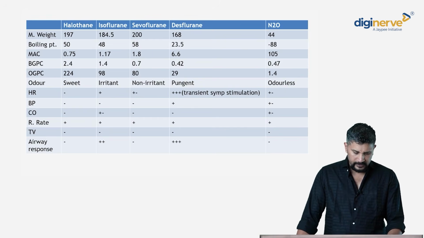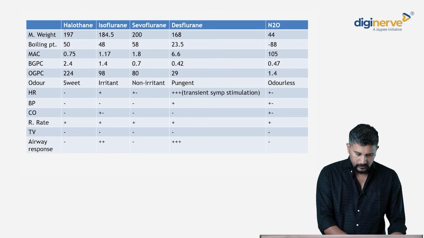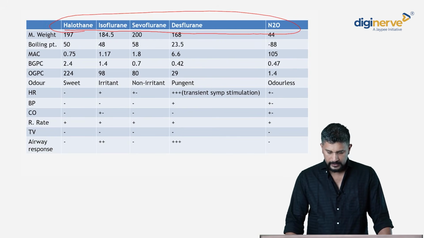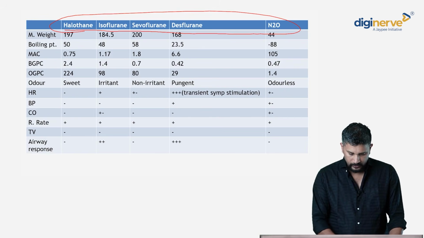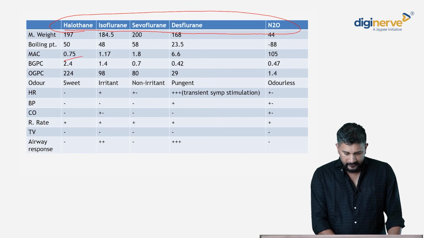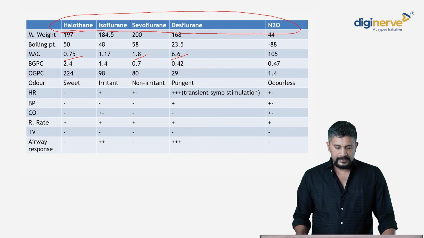This is another slide which looks at the different features of all of these volatile anesthetic agents. The most commonly used ones, halothane has a MAC value of 0.75. Sevoflurane has a MAC value of 1.8. Desflurane has a MAC value of 6.6.